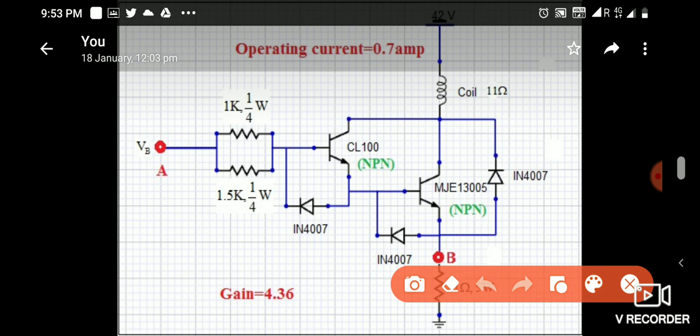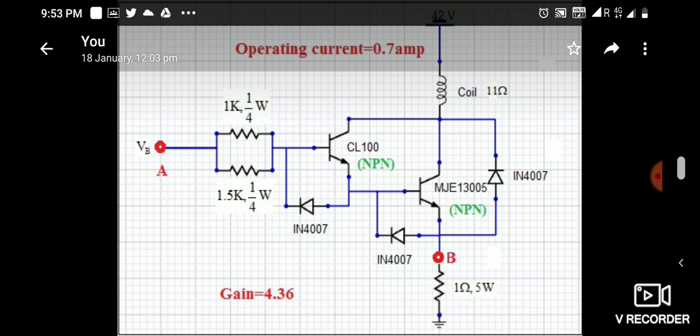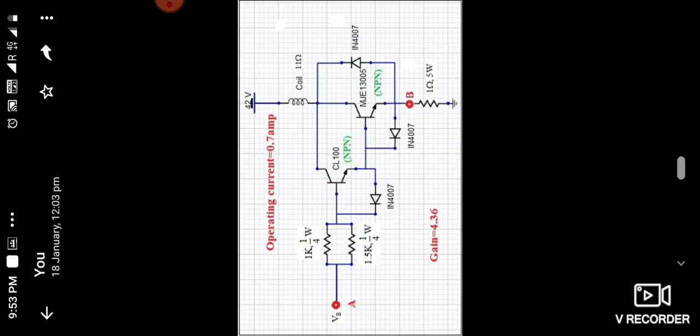It is not working, I think something wrong is happening. Then we'll have to select the transistor according to that, and you can see there is one CL100 transistor.